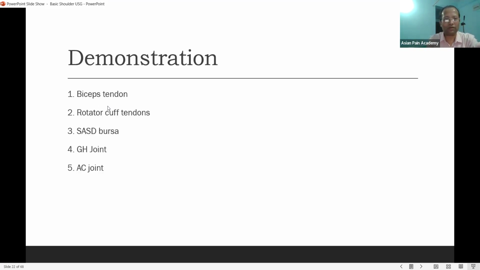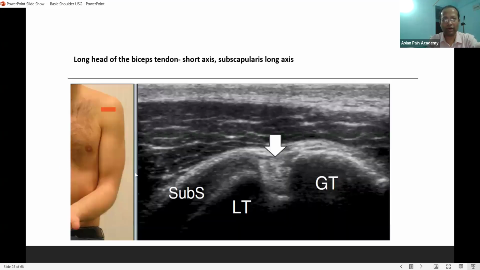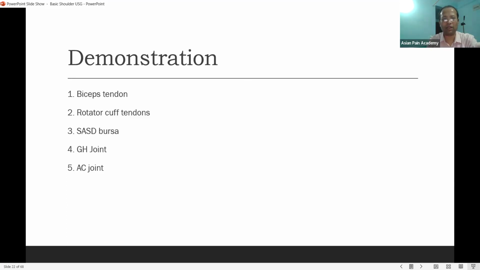In the demonstration, first we will see the biceps tendon, then all the rotator cuff tendons, then the SASD bursa, and then we can see the glenohumeral joint and AC joint. Then we will discuss all the different pathologies. So let's see.